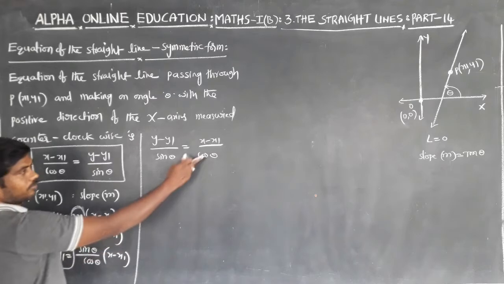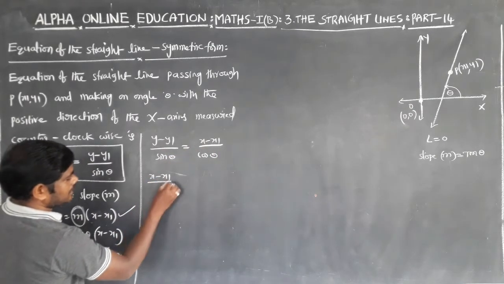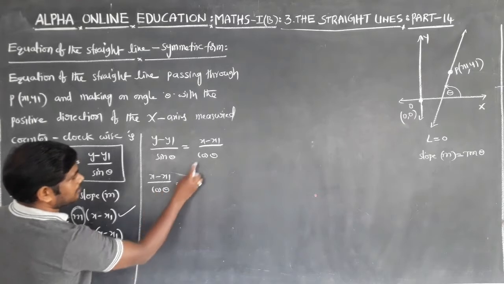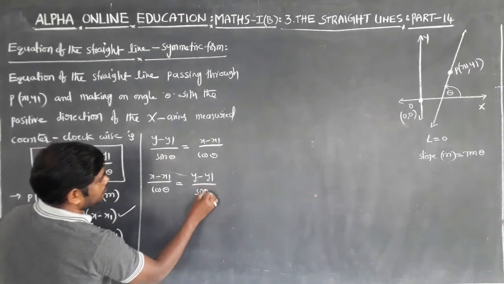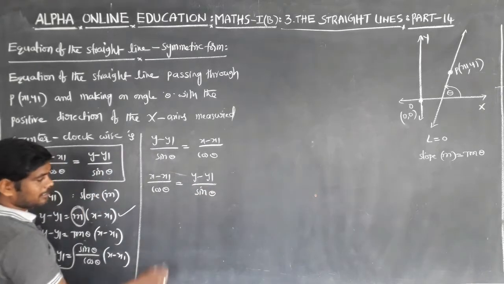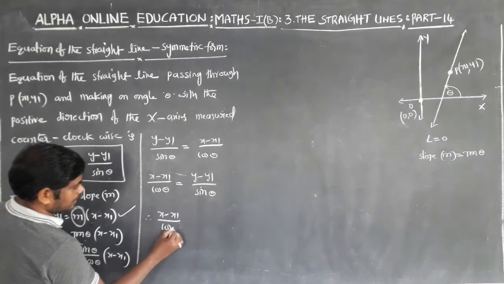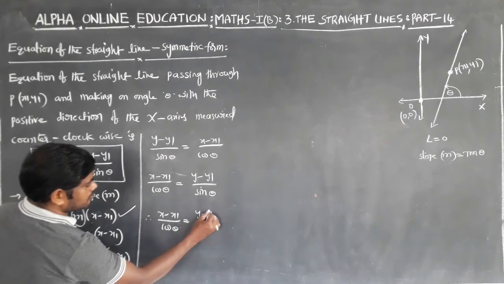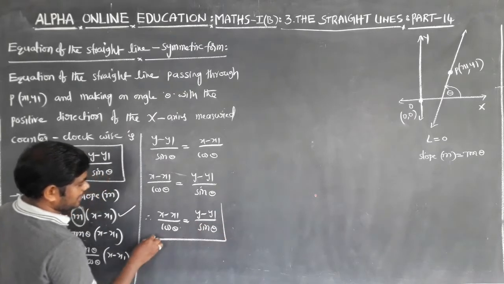Write it in order, first the x term, next the y term: (x minus x1) by cos theta is equal to (y minus y1) by sin theta.